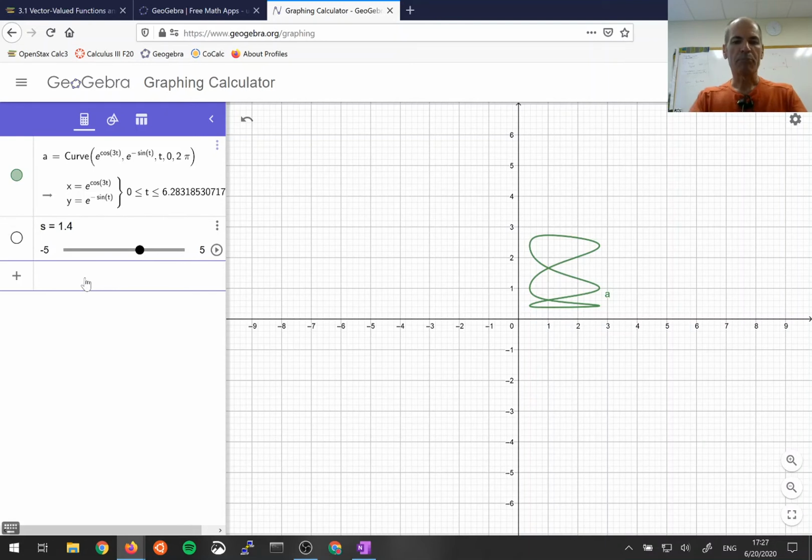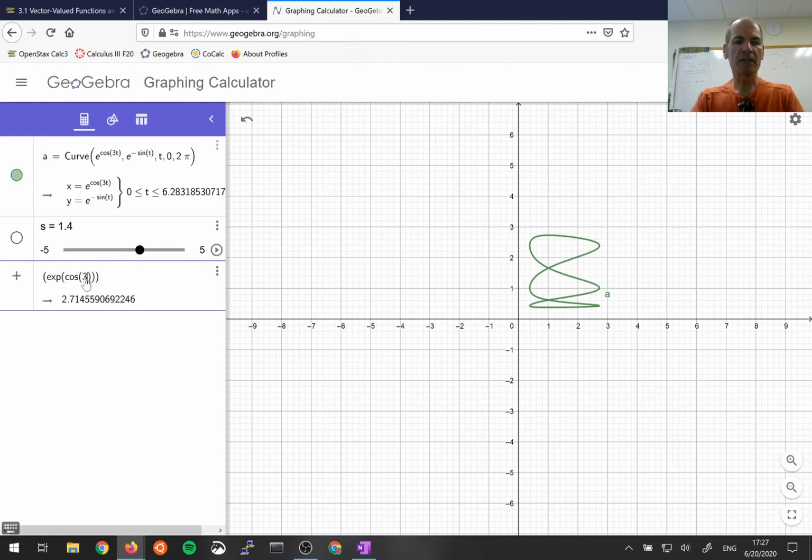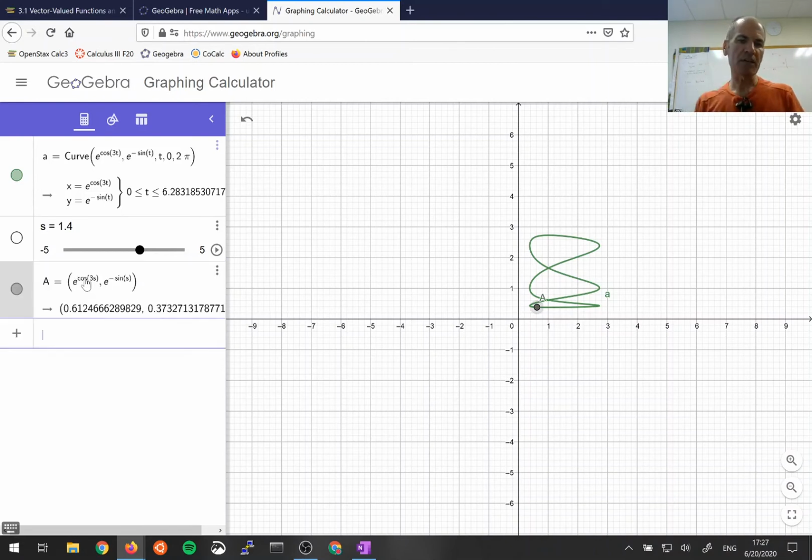And then you can create a point that depends on that value. I'm going to do the same point, cosine 3s, and then the exponential of minus sine s, like that. And that's now a fixed point called A.